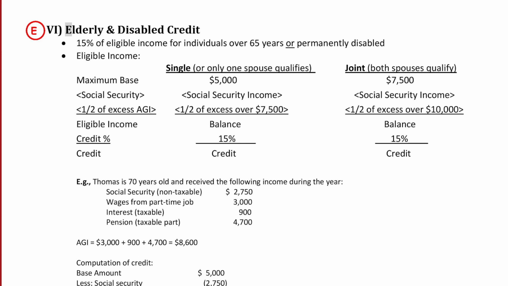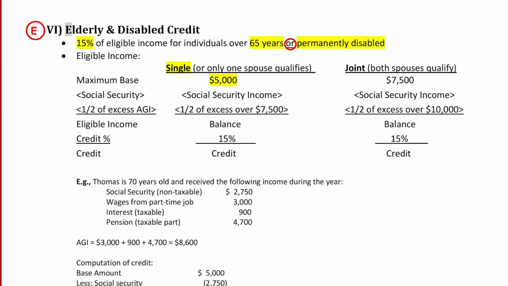And this credit is highlight 15% of eligible income for individuals over highlight 65 years, circle or, and highlight permanently disabled. If the taxpayer is highlight single or only one spouse qualifies in case of married filing joint, the maximum base for this credit is going to be highlight $5,000.